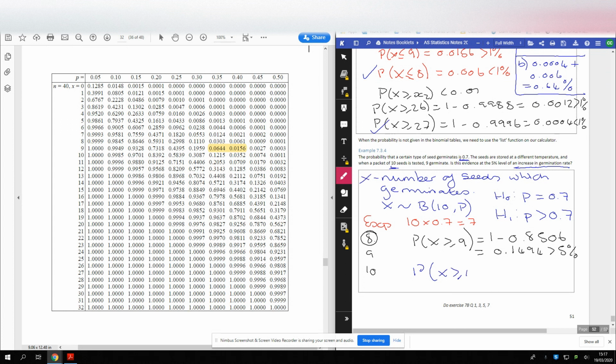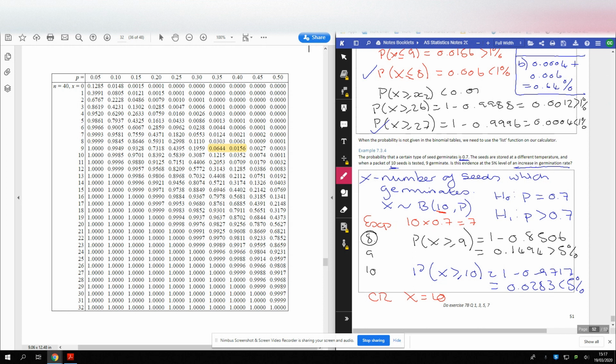Now for 10: 1 minus 0.9717 is equal to 0.0283, which is less than 5%. So I am going to use the critical region of greater than or equal to 10. Because n is equal to 10, the critical region in this case is actually just X is equal to 10, because it can't go higher than 10 as it was fixed at 10. So that's a special case.